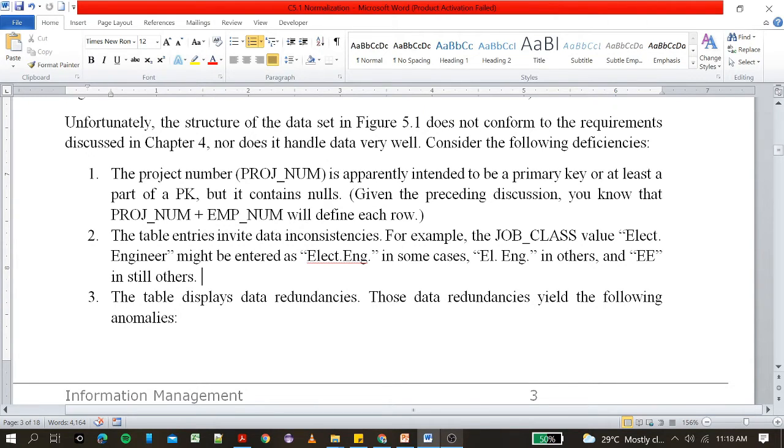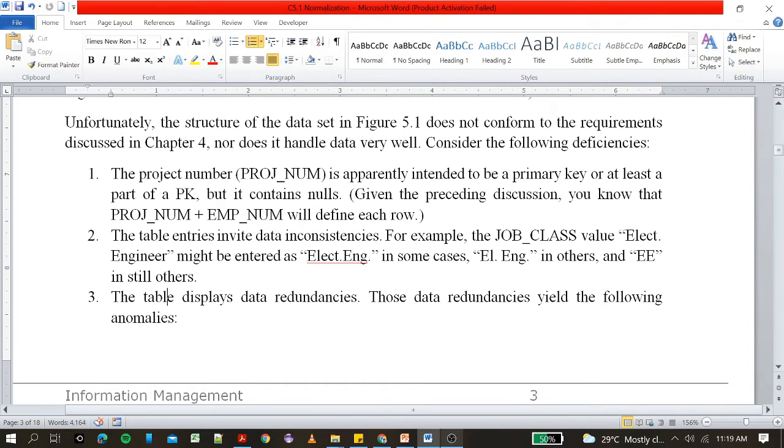Okay? So, pag ginamit sa isang query, yung halimbawa, gustong hanapin lahat ng employee na merong classification na electrical engineer at ang nilagay ay buong electrical engineer, hindi madi-display yung mga employee na merong ganito na job classification na input.